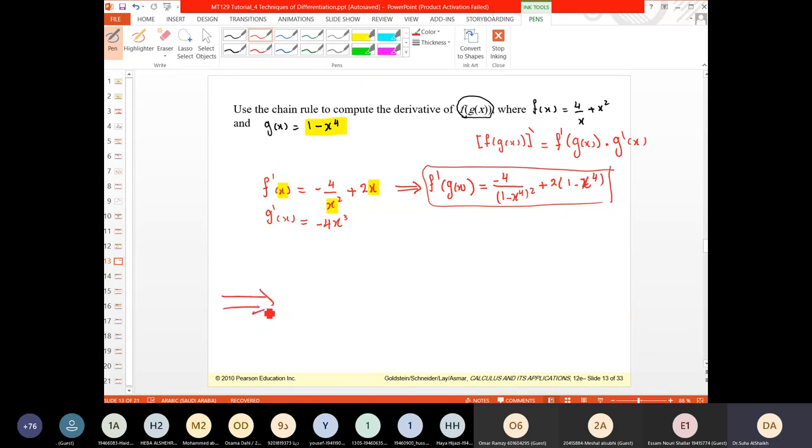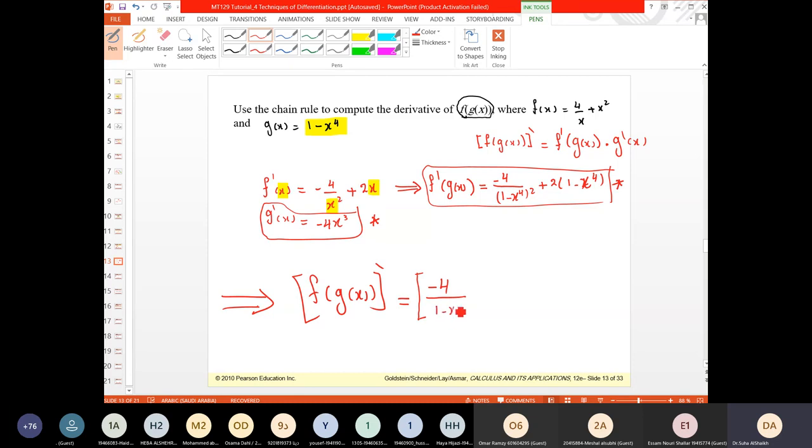So this implies that the whole derivative, the derivative of F with G of X inside it, is equal to this multiplied with this. It's F dash of G times G dash. So it's actually big amounts we have.